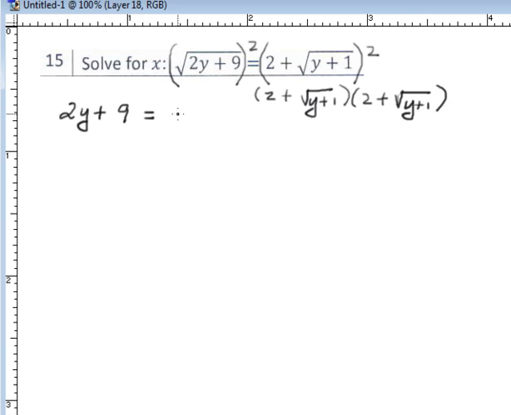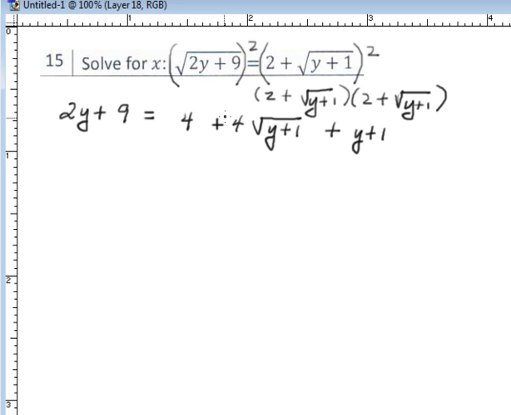Okay, so let's FOIL that out. So we have 2 times 2, that's 4. And then the middle term is 2 times the square root of y plus 1 plus 2 times the square root of y plus 1. So that's plus 4 times the square root of y plus 1. And the square root times the square root is just y plus 1.